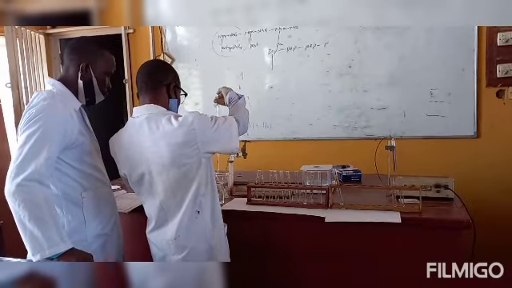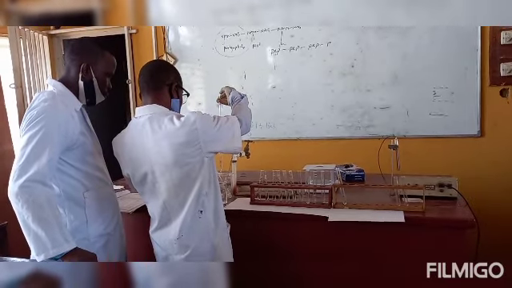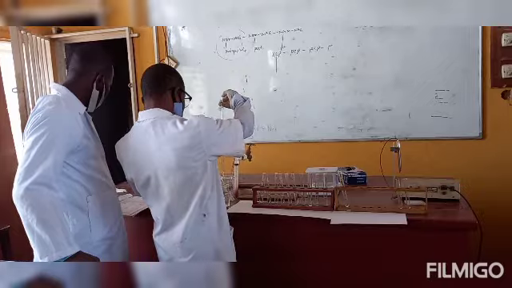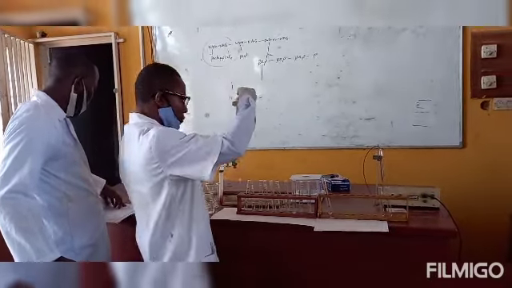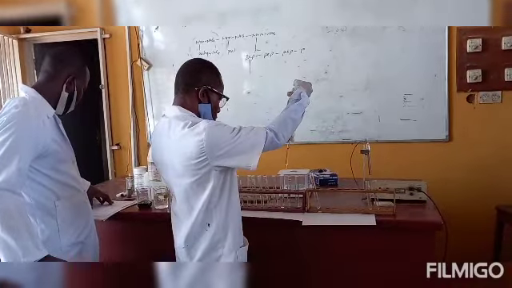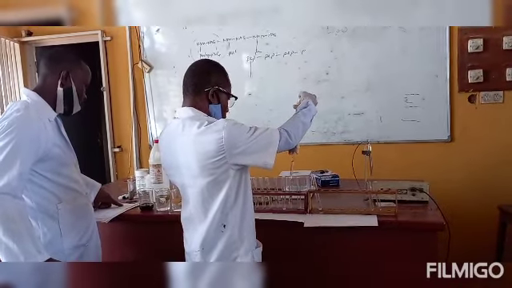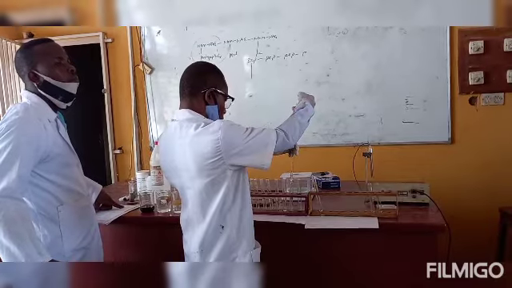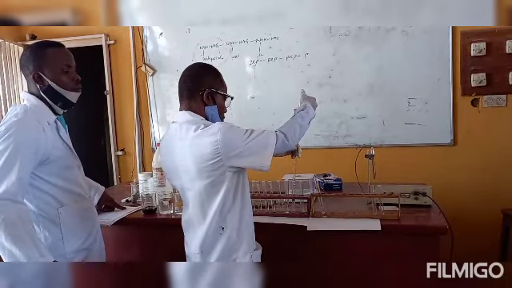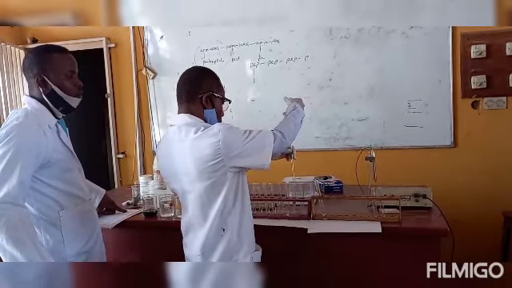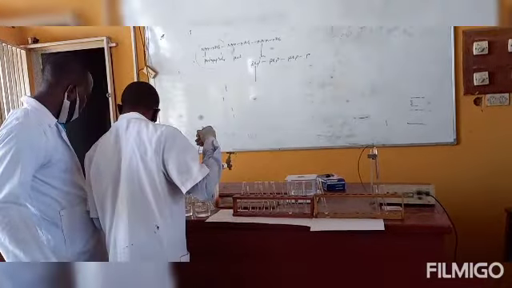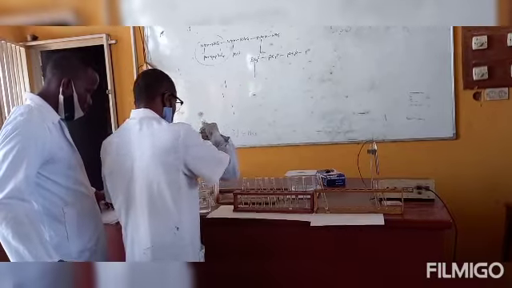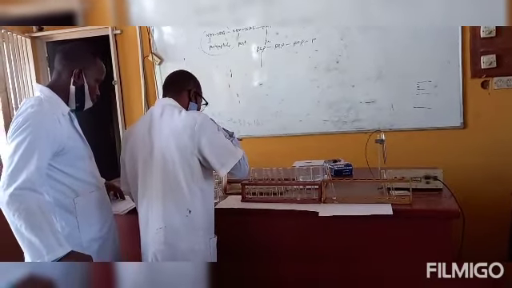After you have added the two together, that is potassium dihydrogen phosphate and sodium hydroxide, you mix the content properly by taking the test tube out of the rack and shaking properly. After doing that, you are also required to add various quantities of water into each tube.